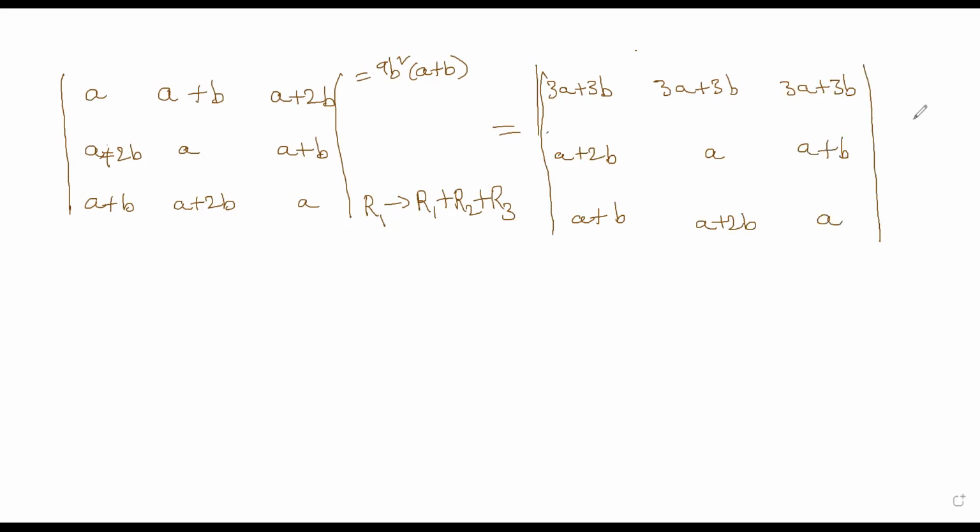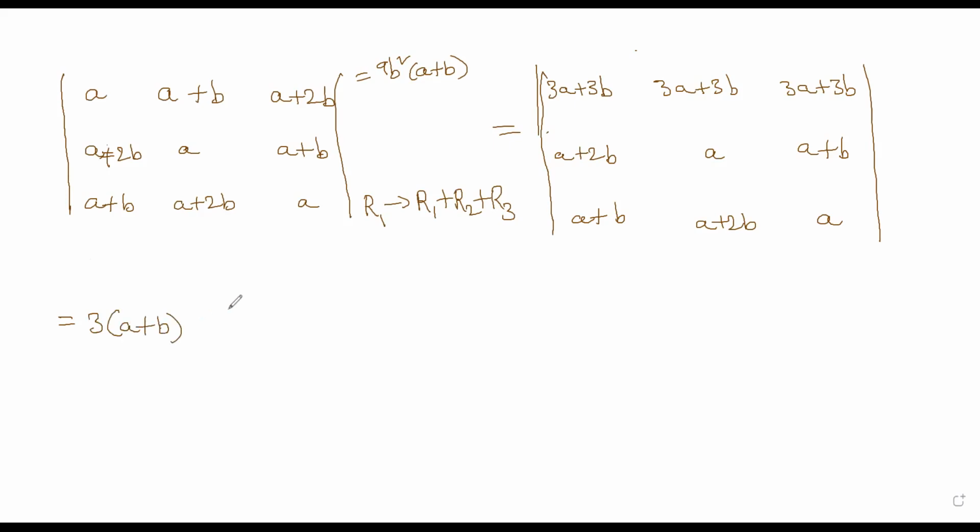And now 3A plus 3B you can take common, right? 3A plus 3B is 3 times A plus B. So that I will write. So that's 3 times A plus B.